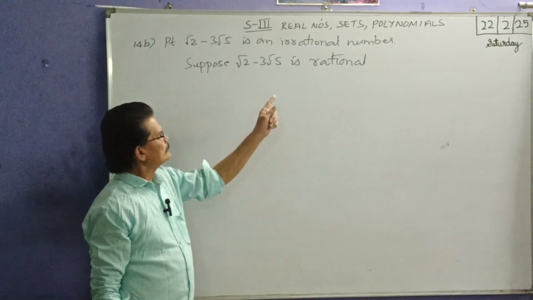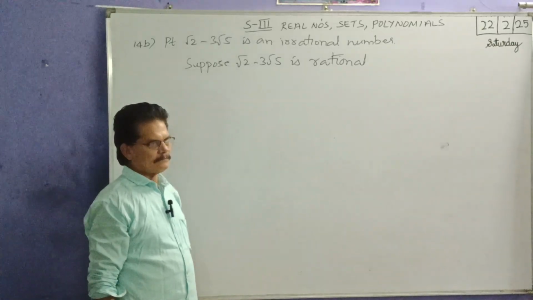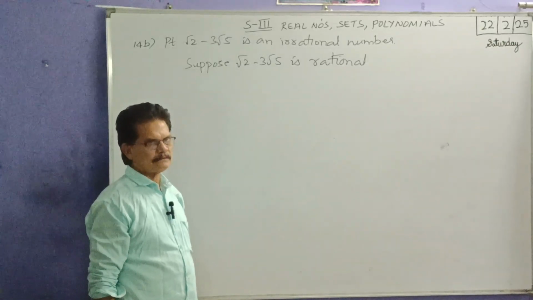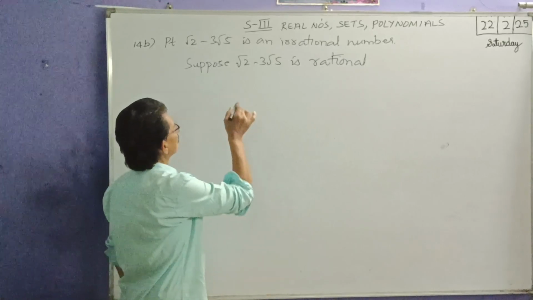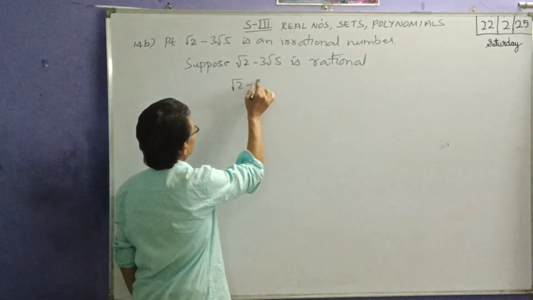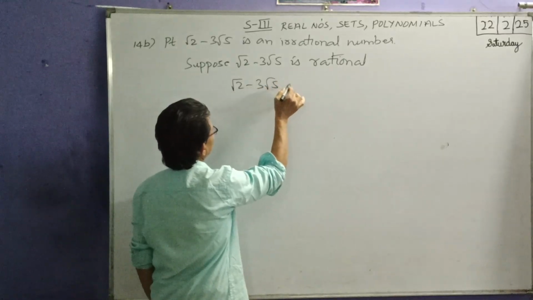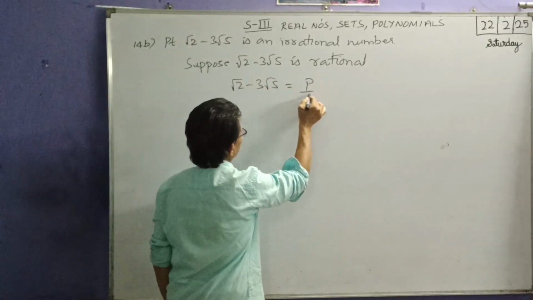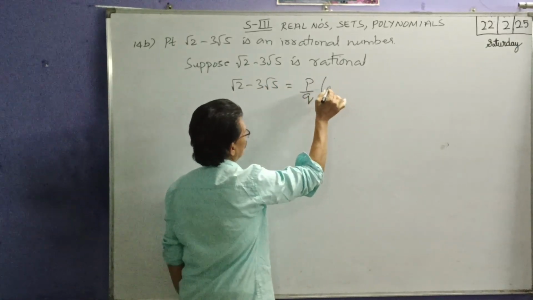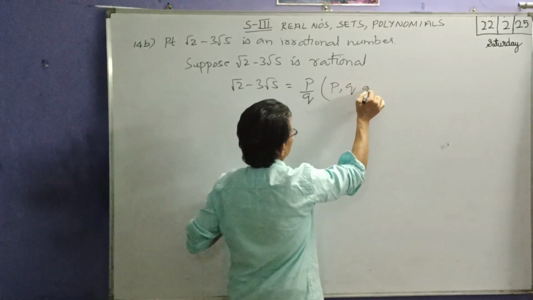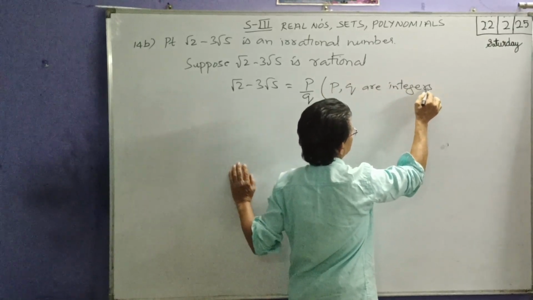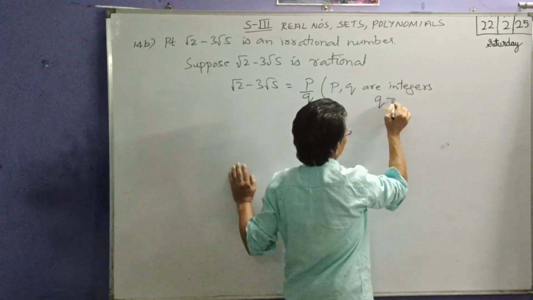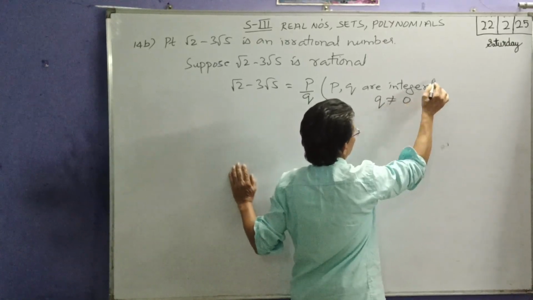So now because we are supposing it is rational, we can give the definition of a rational number. Root 2 minus 3 root 5 is equal to p by q, where p and q are integers, q not equal to 0.